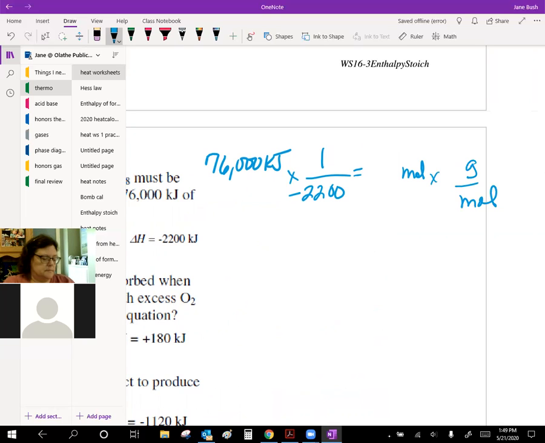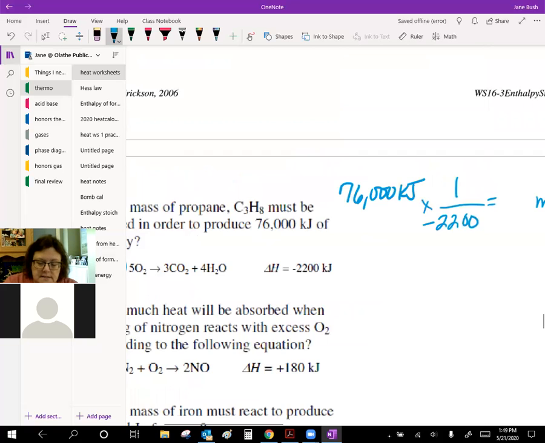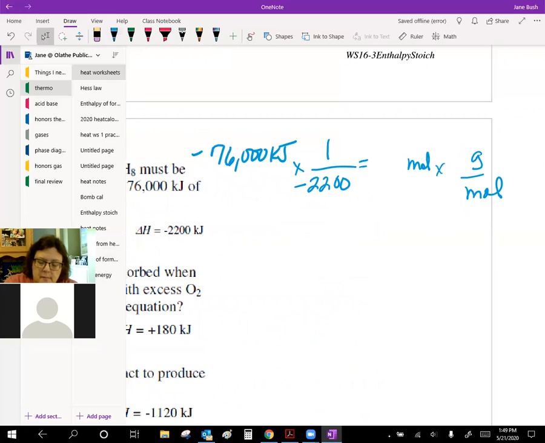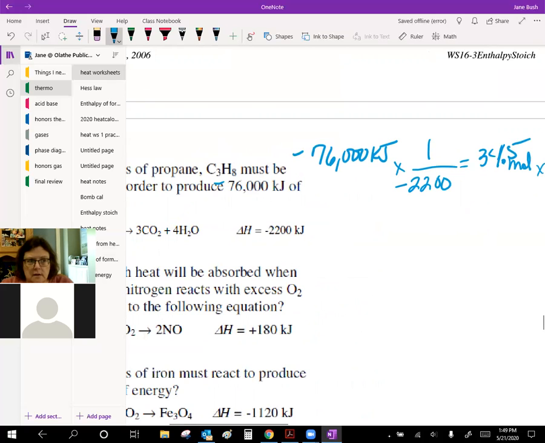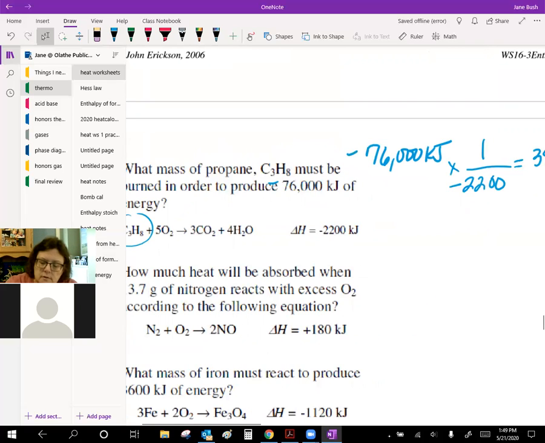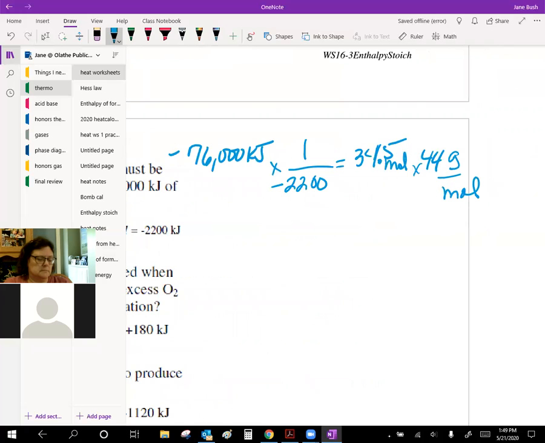So 76,000 divided by 2200, we get, and it says it's producing, that means it's being given off. So negative divided by negative is positive. 34.5 moles of propane times the molar mass of propane, which would be 3 times 12 is 36 plus 8 is 44. 1520, if I did my math right.